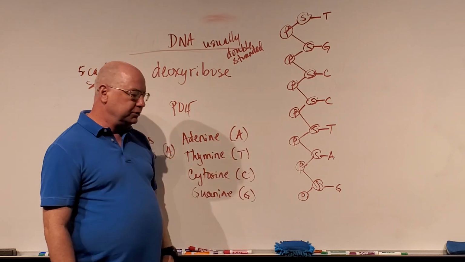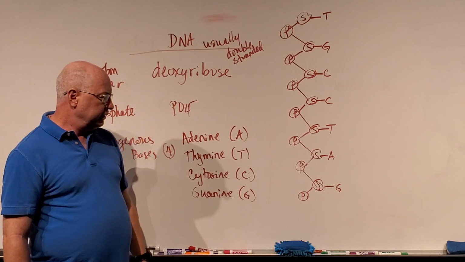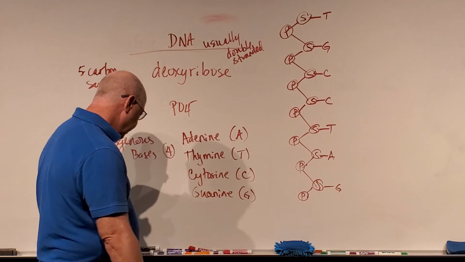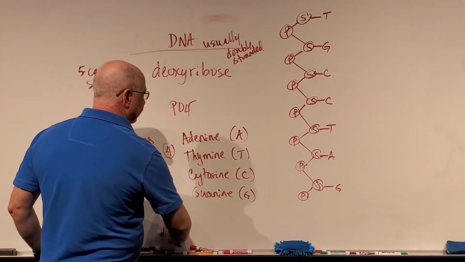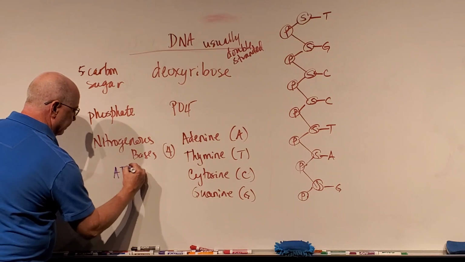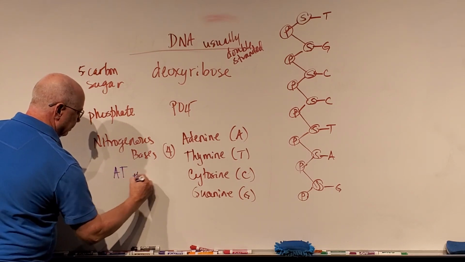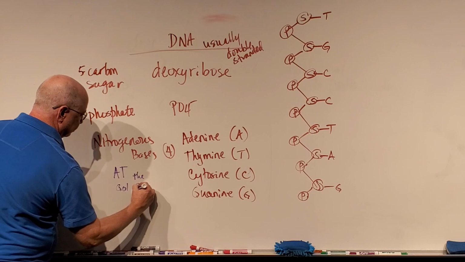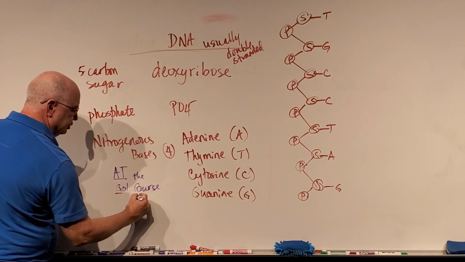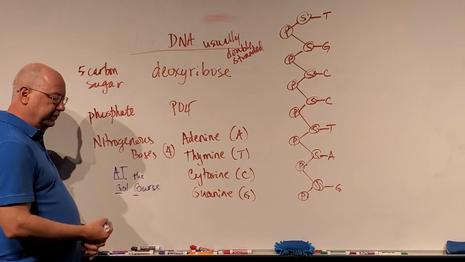It will only bind to thymine. And guanine will only bind to cytosine and vice versa. So the little saying that is often taught in courses dealing with this stuff is at the golf course, A binds to T, G binds to C, and vice versa.